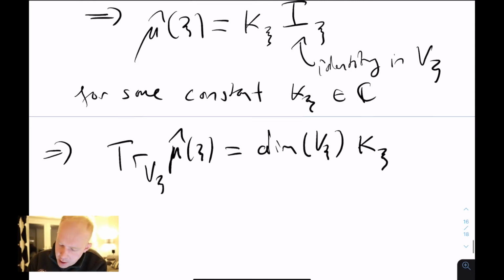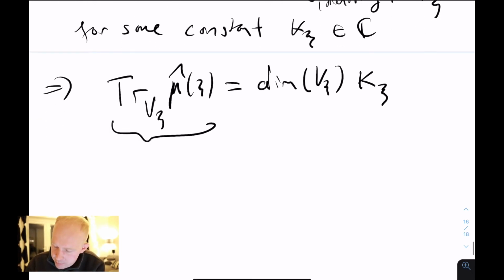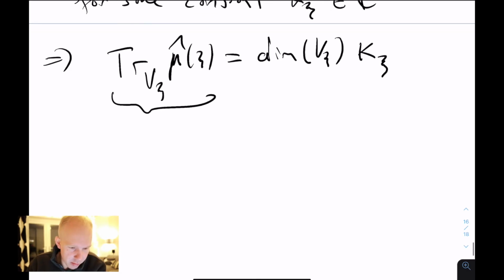But on the other hand, I can compute the trace from the other perspective. I can compute this just using linearity.